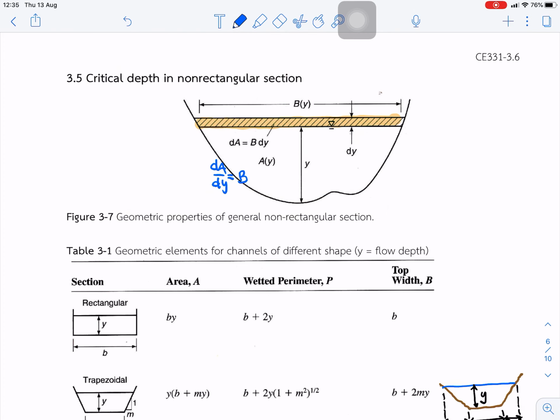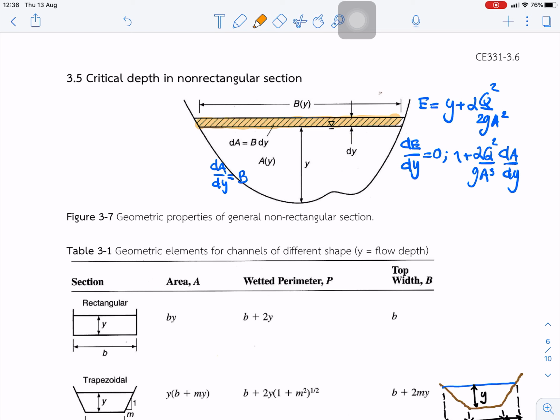And we can write the energy equation for this section as E equal to y plus alpha Q squared over 2gA squared. And we differentiate E with respect to the depth, so we got 1 minus alpha Q to the power 2 divided by gA to the power 3 times dA over dy.